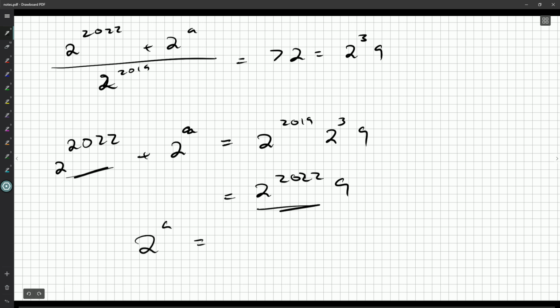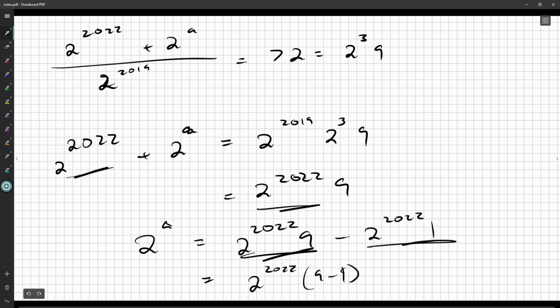And we'd really like to just leave A by itself, so let's subtract 2 to the 2022 from both sides. Now, we've got 9 of them, subtract away 1 of them.